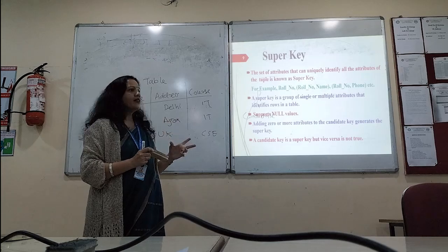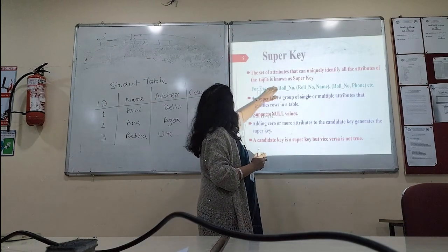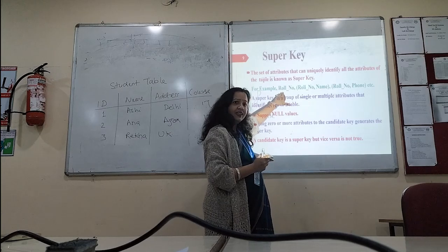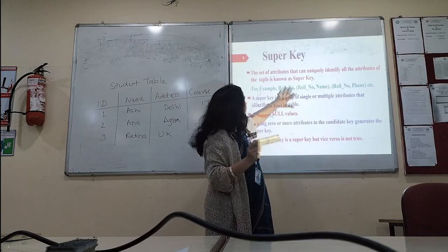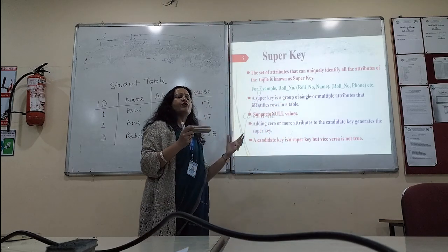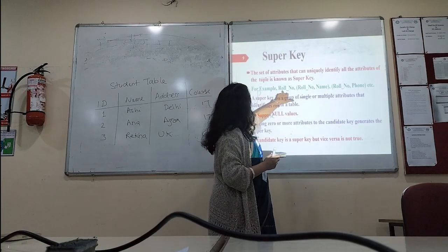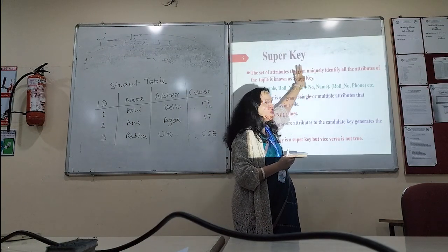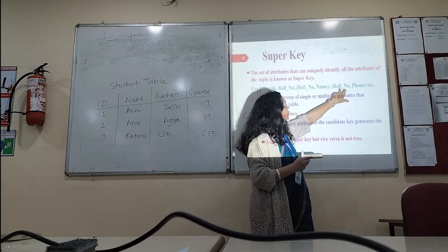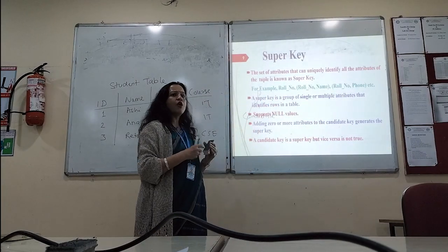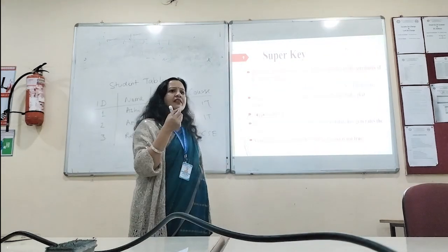So you can say that roll number also identifies the rows uniquely, so it can be a super key. If we attach any attribute with roll number, it will also become a super key. If I attach roll number with name, this is also a super key. If I attach roll number with phone, it is also a super key. This way we can have all the super keys combining with the primary key.